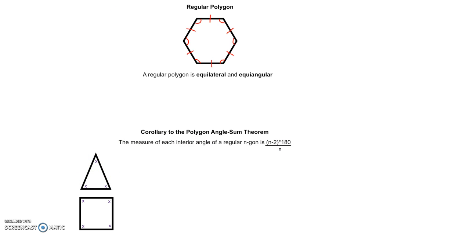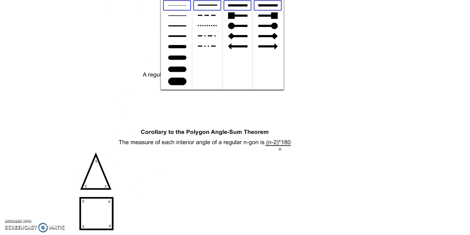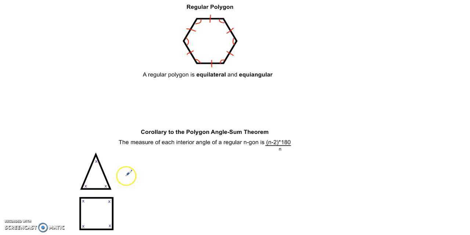So we have a triangle here, right? This triangle has 3 sides, so it's a 3-gon. Let's find the sum of all its angles. We'll have 3 minus 2 times 180, which is equal to 180. Now we have these 3 angles that are all equal, the same measurement.